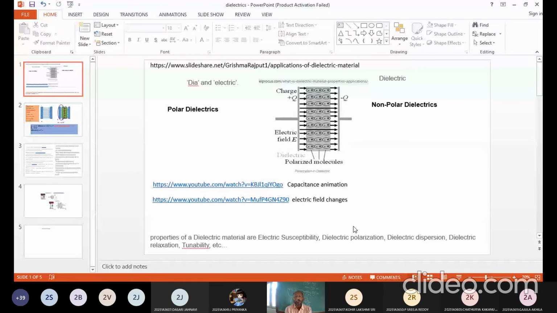So for the material to get polarized, you require the material to have positive charges and negative charges. Do we have any material which does not have positive charges and negative charges?